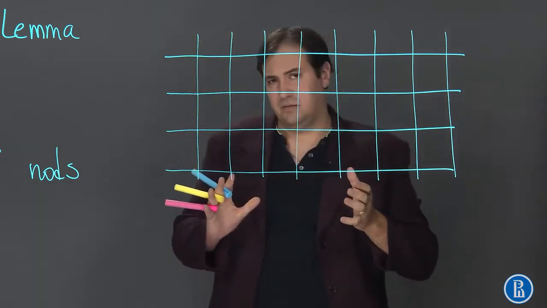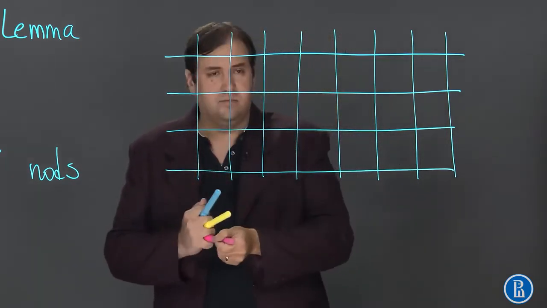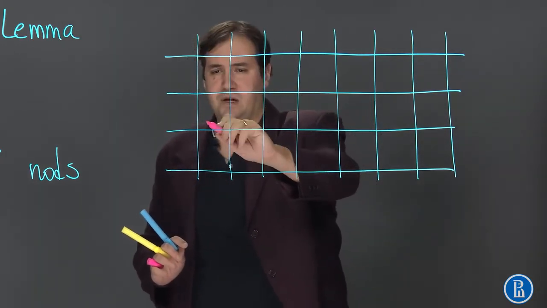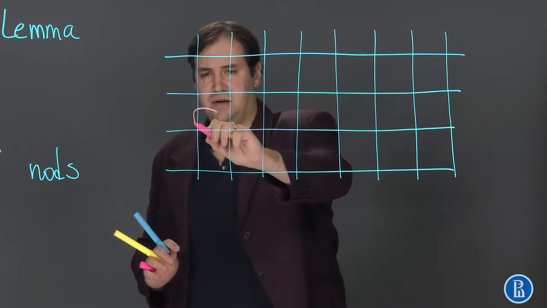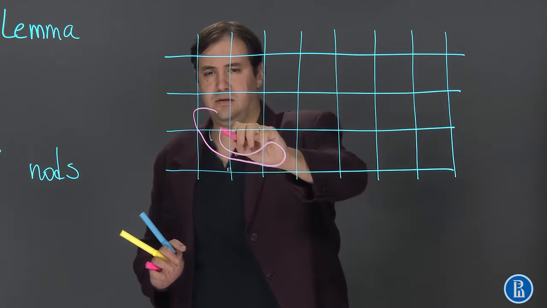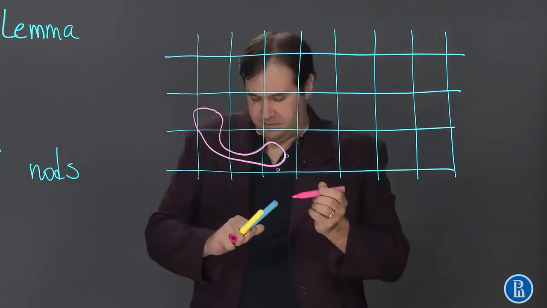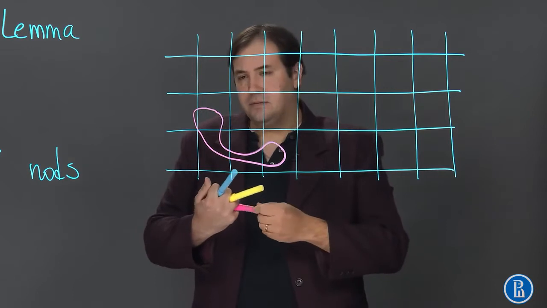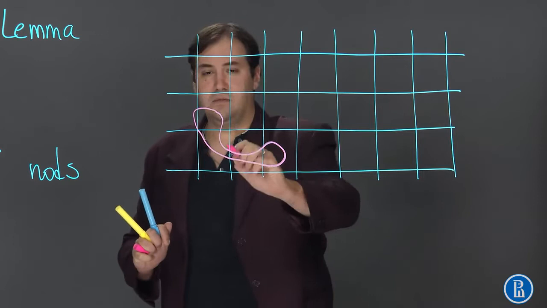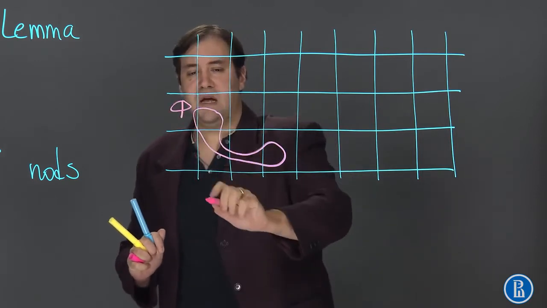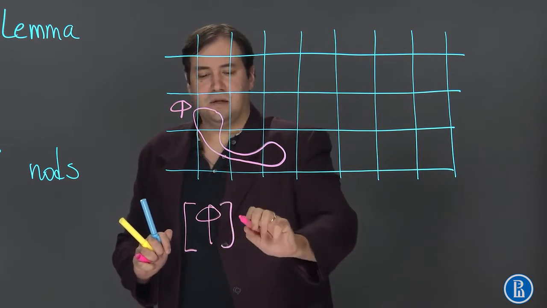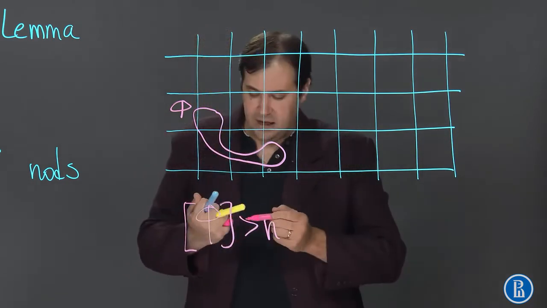It will not be a regular figure, but it will by all means have an area. We'll say something like this. Or something like this. And we know that the area of this figure, well, this is our figure phi, is greater than n.